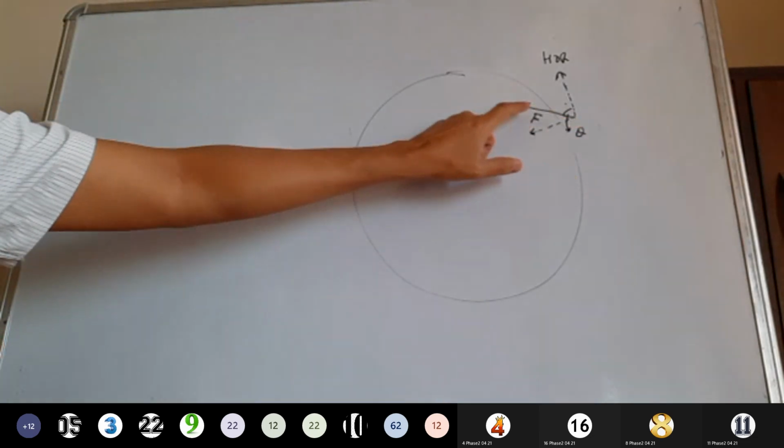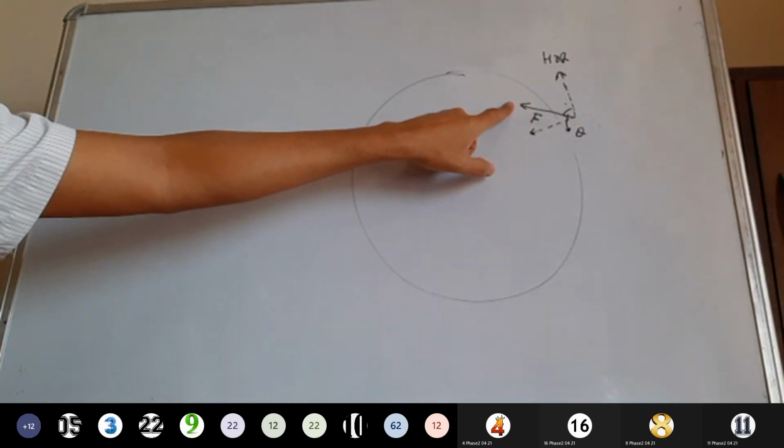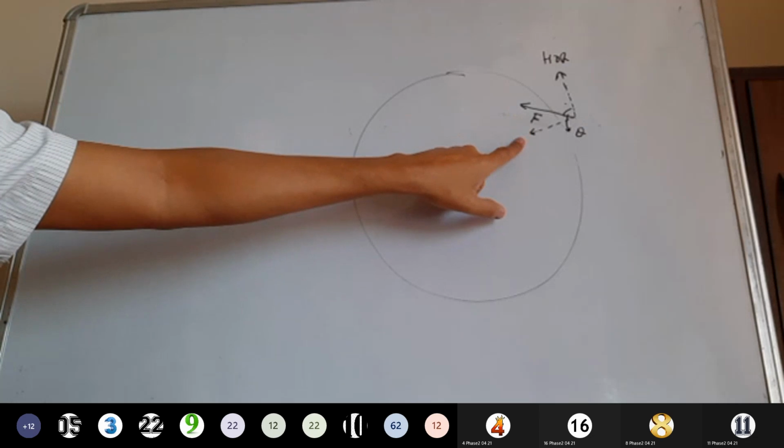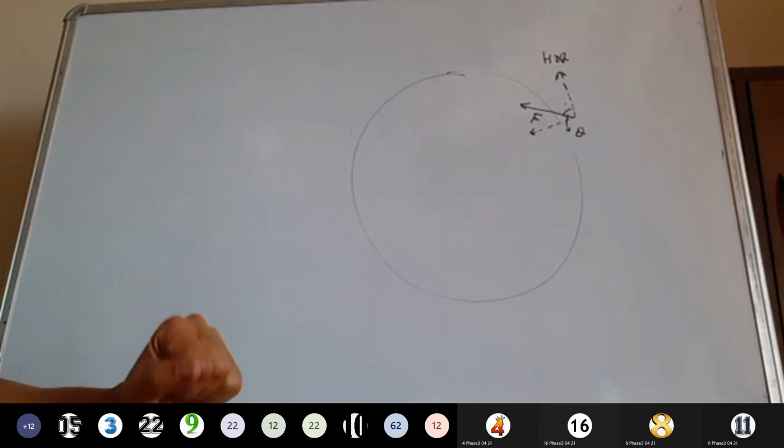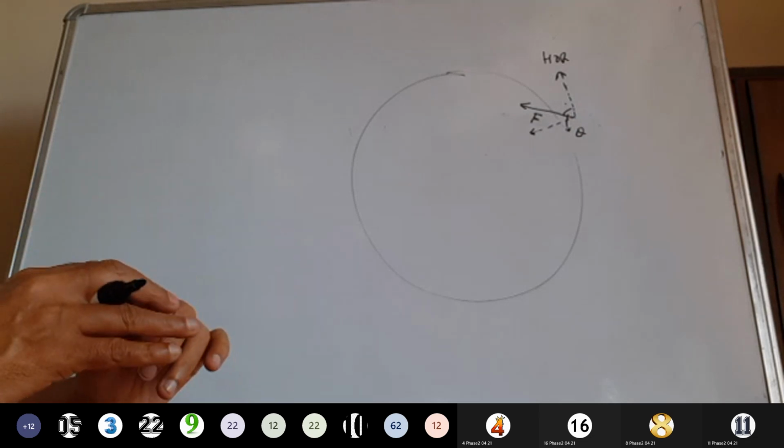So this total field strength at this point on the surface of the Earth, we have resolved into two mutually perpendicular directions. One is the horizontal component, one is the vertical component.